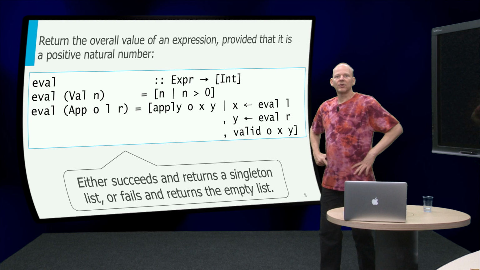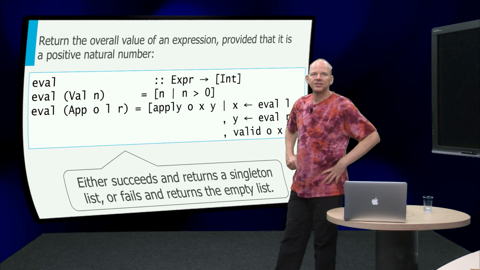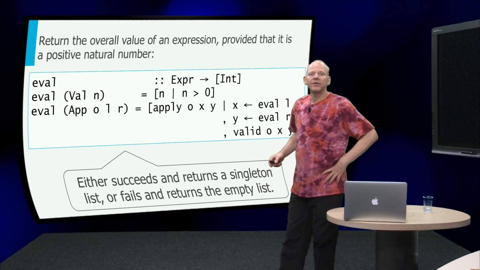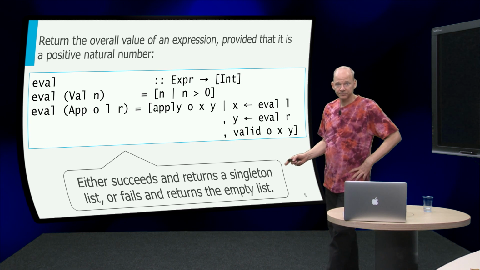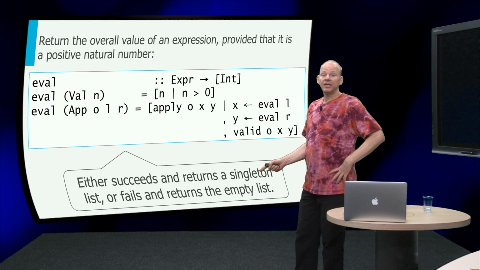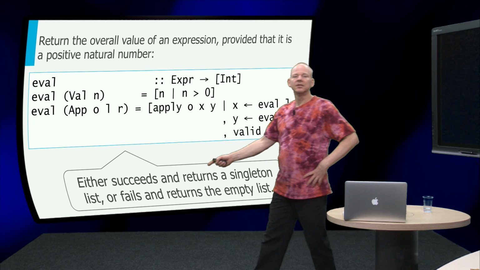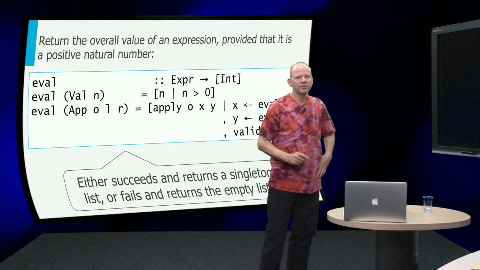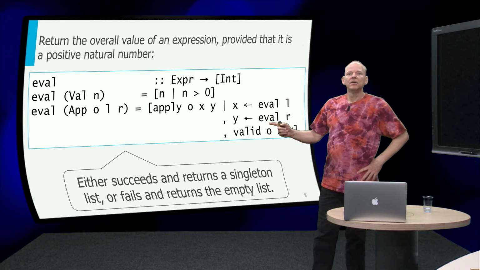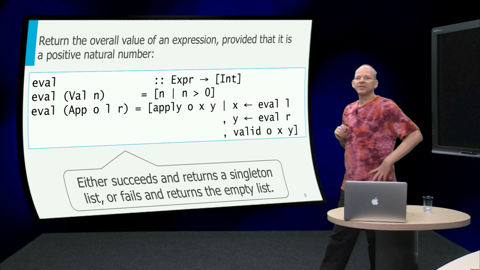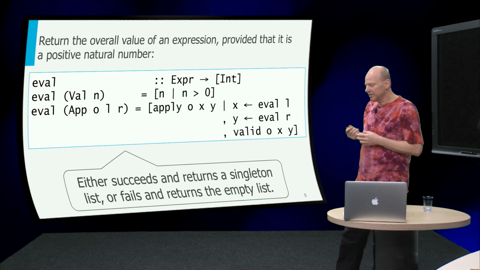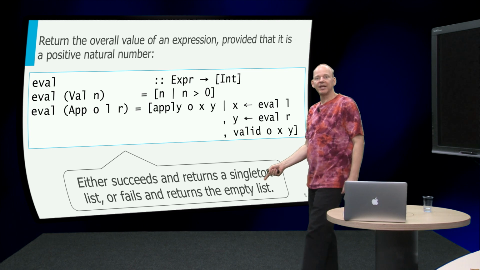So how can we evaluate an expression? We either return a singleton list that contains the value, or when the expression is not valid anywhere inside, we return the empty list.